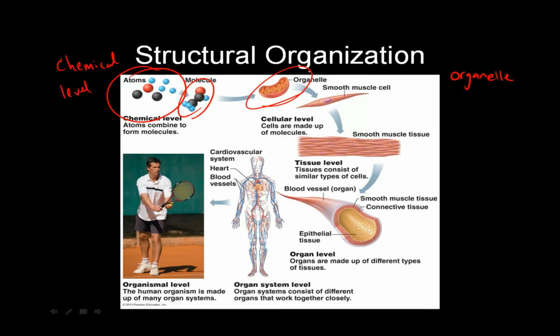Those specific organelles inside of cells have very, very specific functions. And they are all based on the molecular and the compound structures that atoms give rise to. So the chemical level is first, organelle level next, then your textbook jumps to the cellular level.